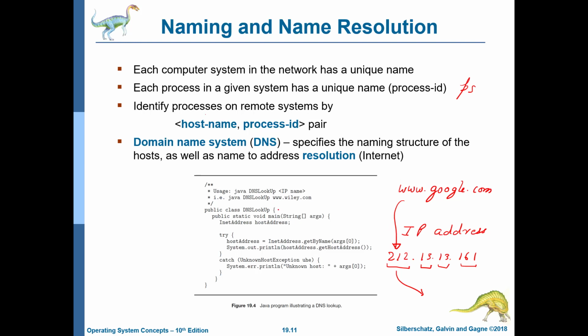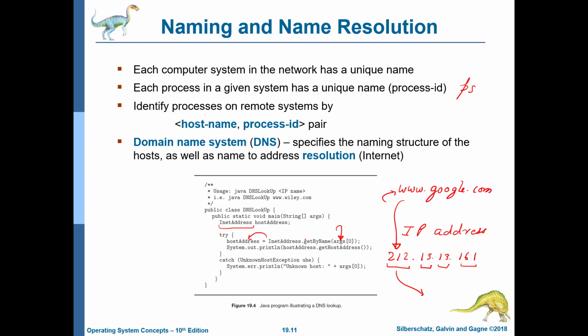If you were to look at a simple piece of Java code to do a DNS query, we use Java's built-in InetAddress class, and then we read in the first argument. The first argument is essentially the name of the website. And then this gives us the host address.